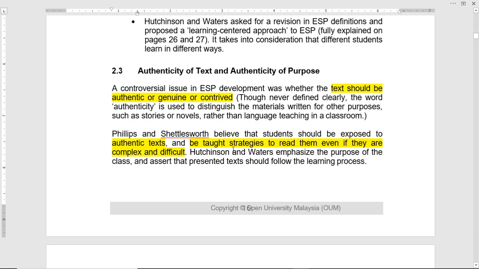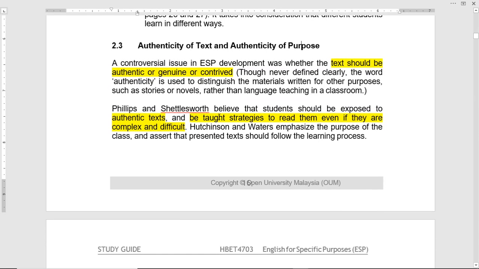Then another theory is that students should be exposed to authentic texts and be taught strategies to read them even if they are complex and difficult. For example, a science student. It's not just general English for a science student. Science-related texts the student should be able to read. So it is authentic text. It's genuine. So that is the authenticity of the text.